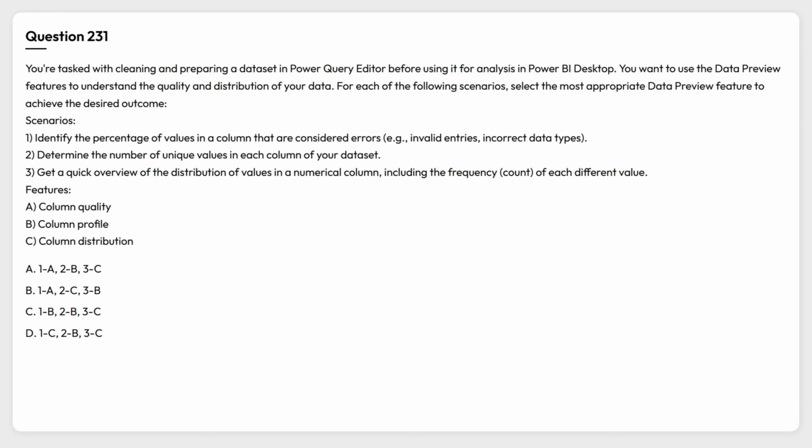Get a quick overview of the distribution of values in the numerical column, including the frequency, count of each different value. Features: A. Column quality. B. Column profile. C. Column distribution.